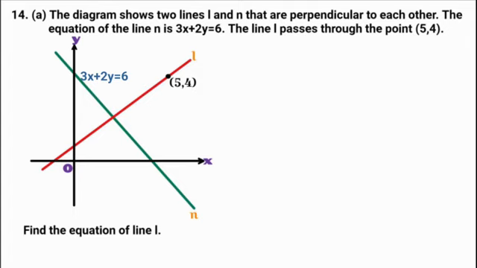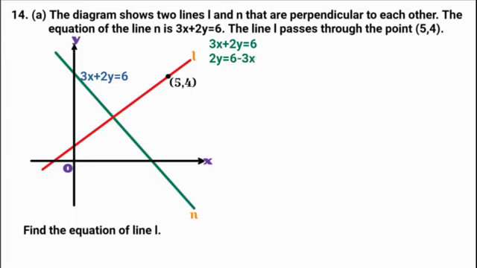So we can use the green line to find the gradient of line L. We're going to use the equation 3x plus 2y is equal to 6, and make y the subject of the formula. That means we write 2y is equal to 6 minus 3x.